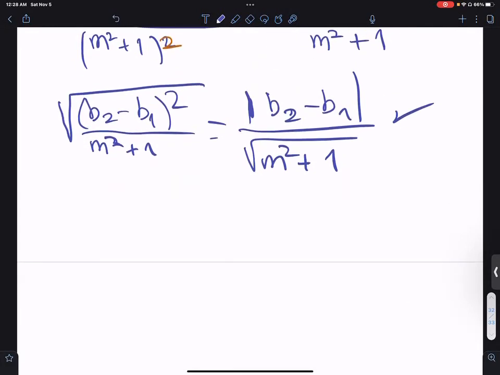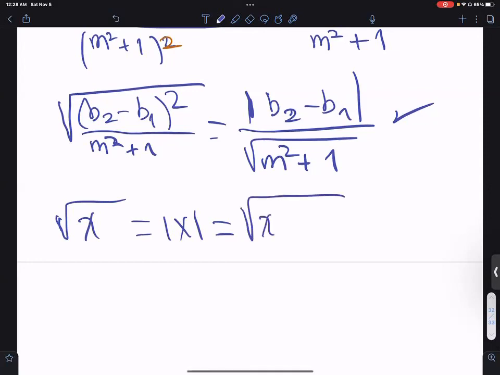Now, why is the square root of x squared the absolute value of x? Because the square root of x squared is the square root of x minus 0 squared plus 0 minus 0 squared.